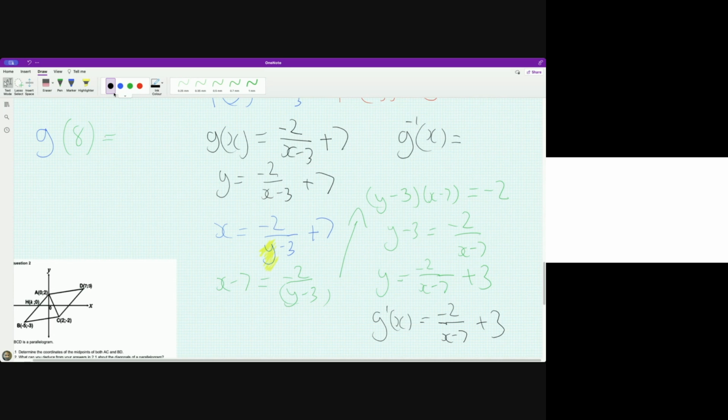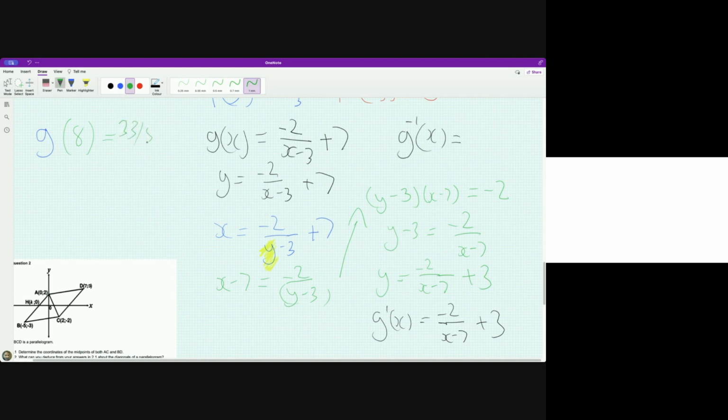So the g of 8 is minus 2 divided by 8 minus, no wait, sorry, 8 minus 3. 8 minus 3. So that's plus 7. I get 33 over 5.